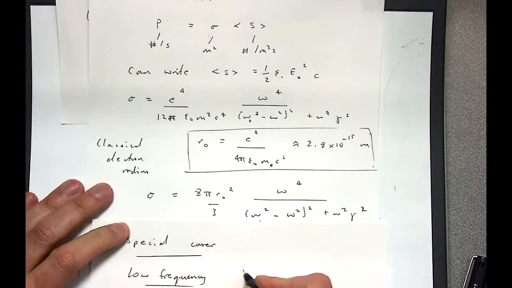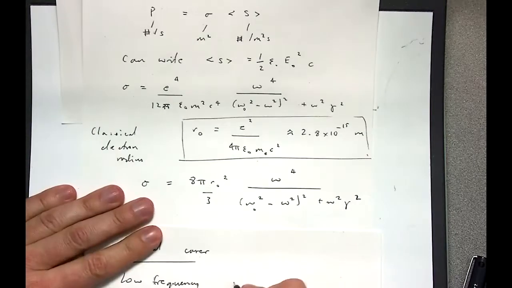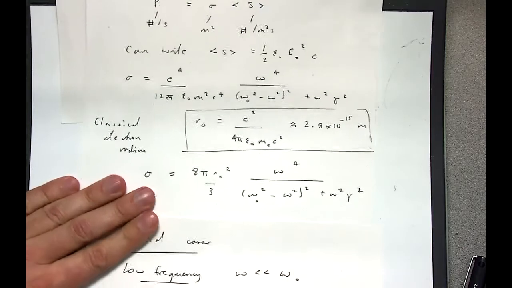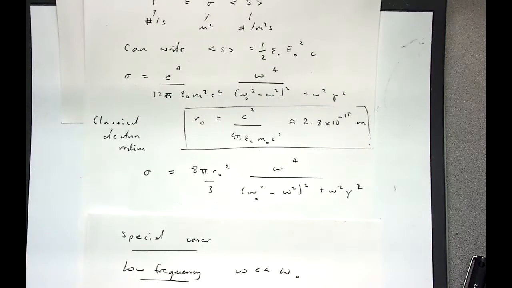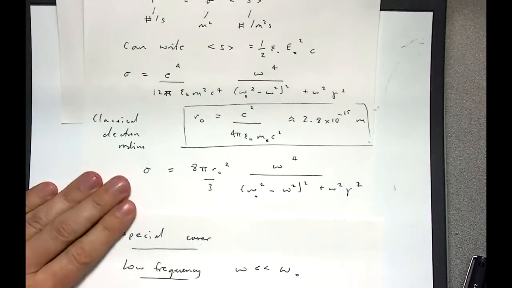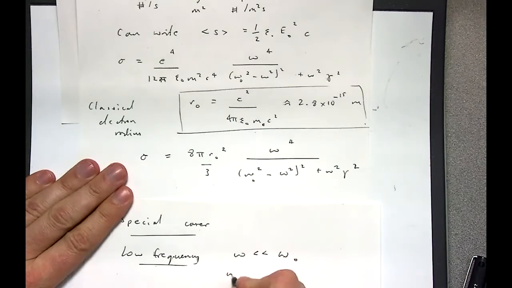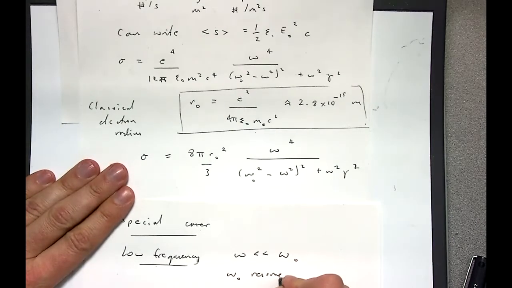Okay? Well, the important scale is that the incident frequency is much less than whatever those resonant frequencies are. Okay? So just to remind ourselves that omega zeros are the resonant frequencies of the bound electrons. Okay.